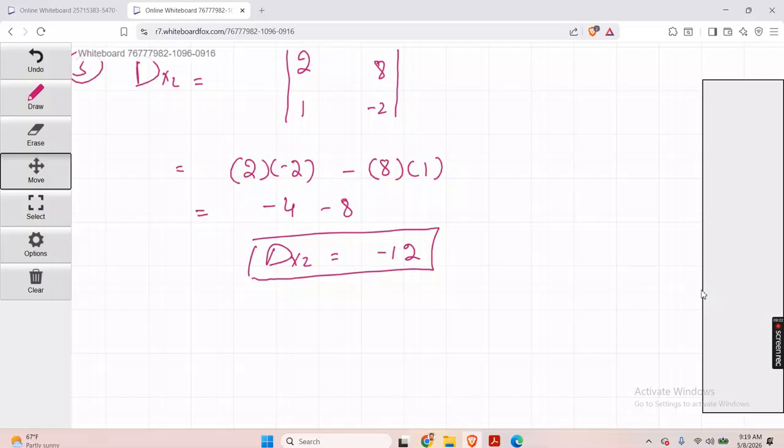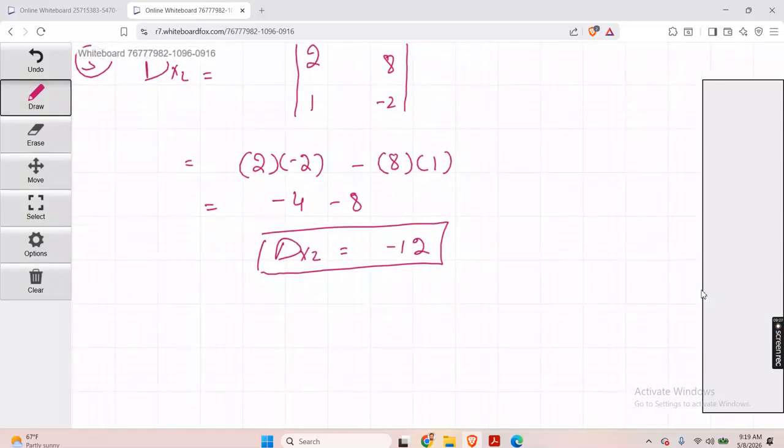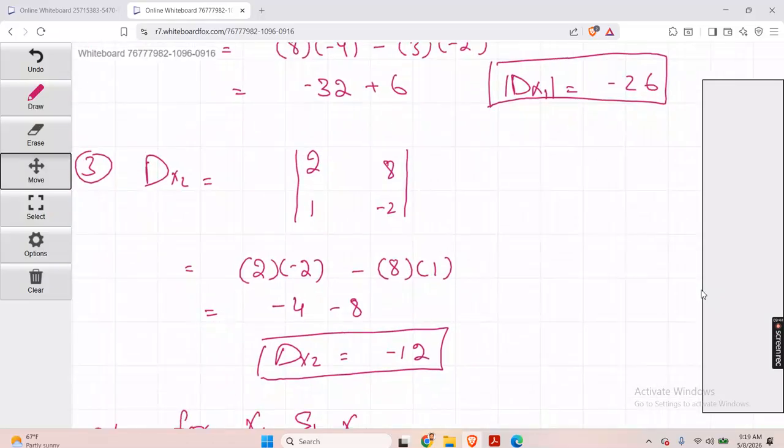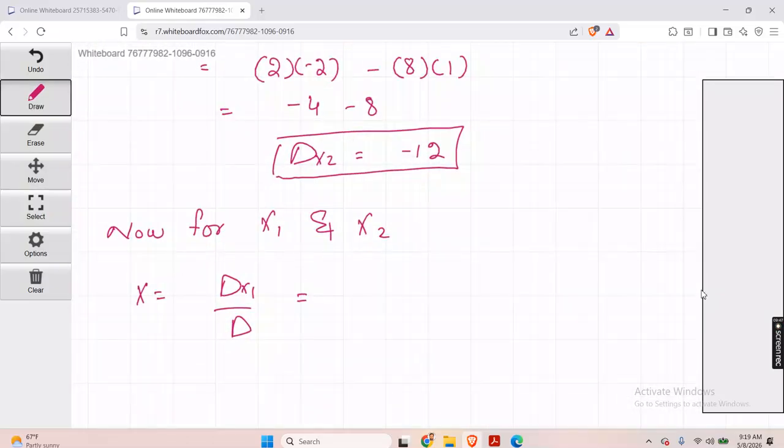Now once you reach here, you have to say, now for x1 and x2. So x1 is equal to dx1 divided by D. Our dx1 was minus 26, and the determinant was minus 11. So you can write here x1 is equal to 26 by 11.